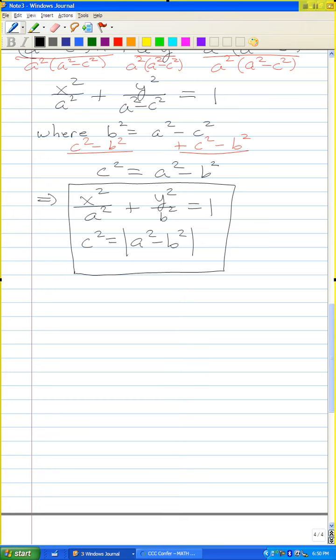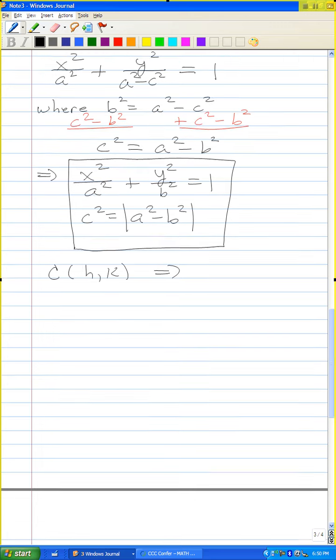Now, of course, we could always assume that instead I shifted it. Suppose now the center is at (h, k).